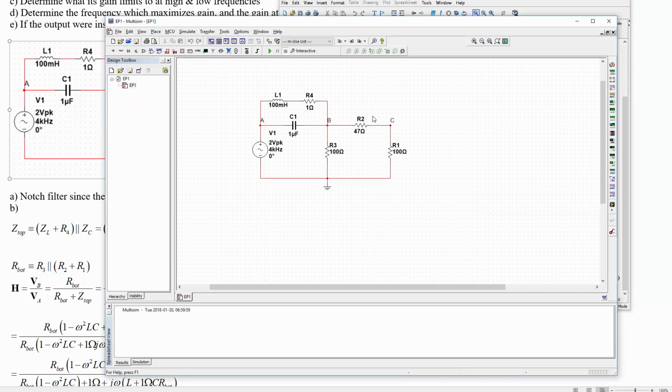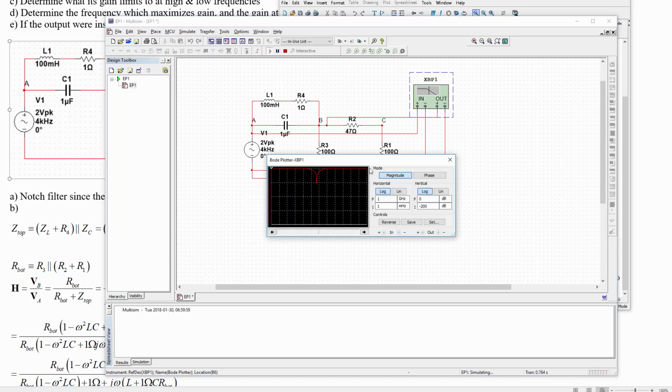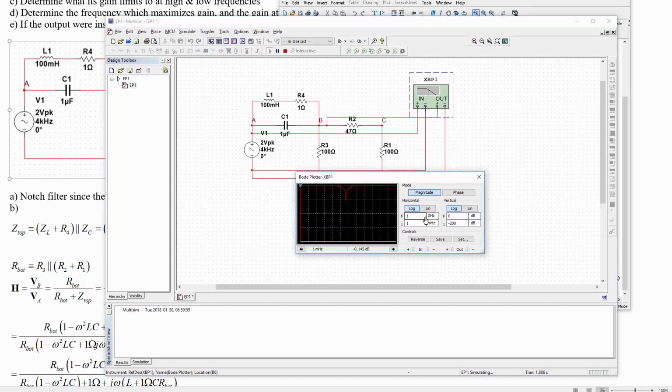Now we can go on and do this with Multisim. So we've got the circuit built here, and we can add in our Bode plotter tool here to look at what the transfer function is kind of directly. So let's wire that up, B versus ground, and give it a shot. All right, so we've got a notch there. Let's put the frequency around the right kind of range.